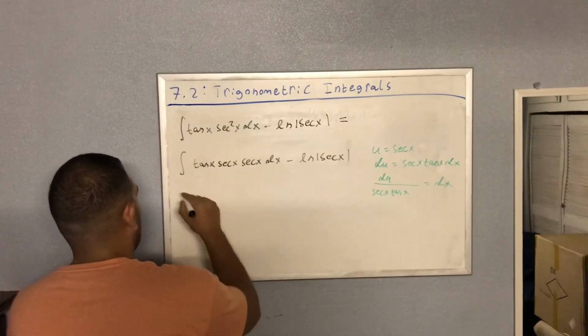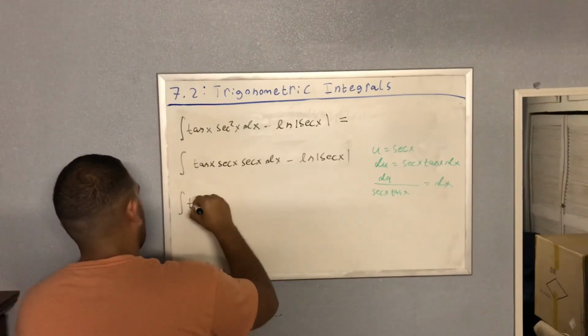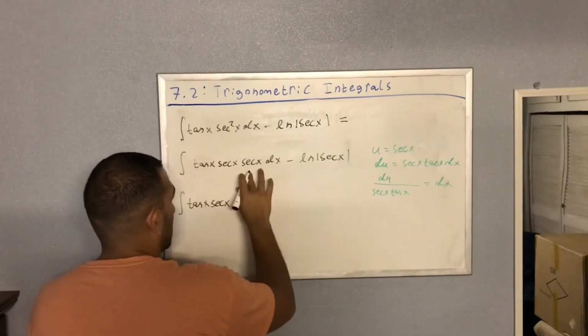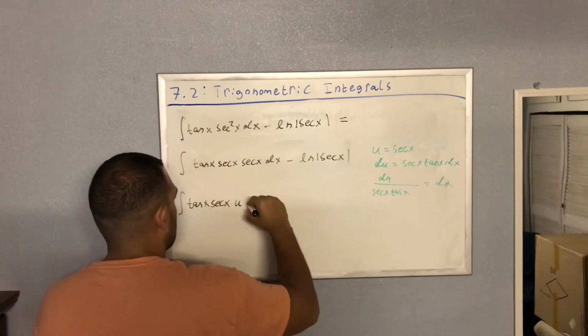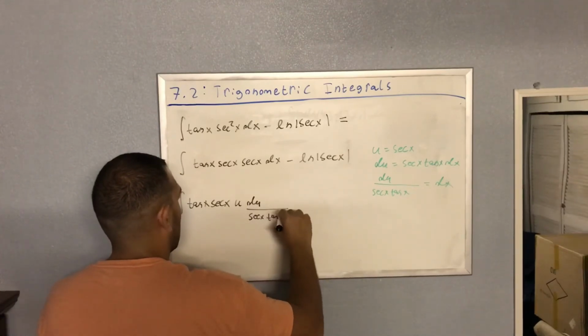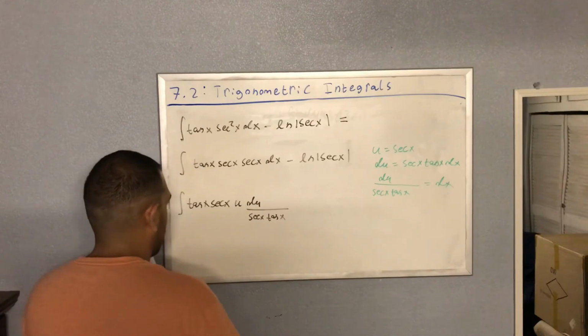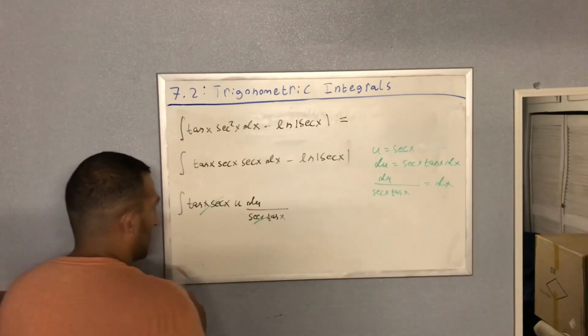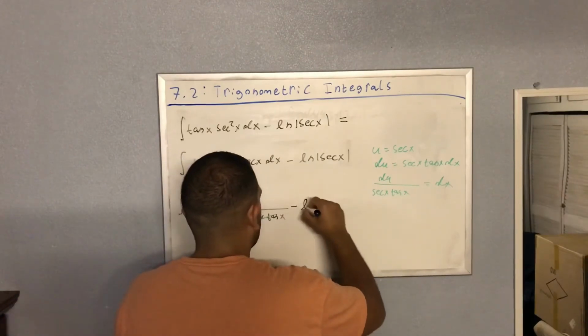And so we get the integral of tan x secant x, this is u, and then this is du over secant x tangent x, which cancels. Man, this is working out so nice, it's crazy.